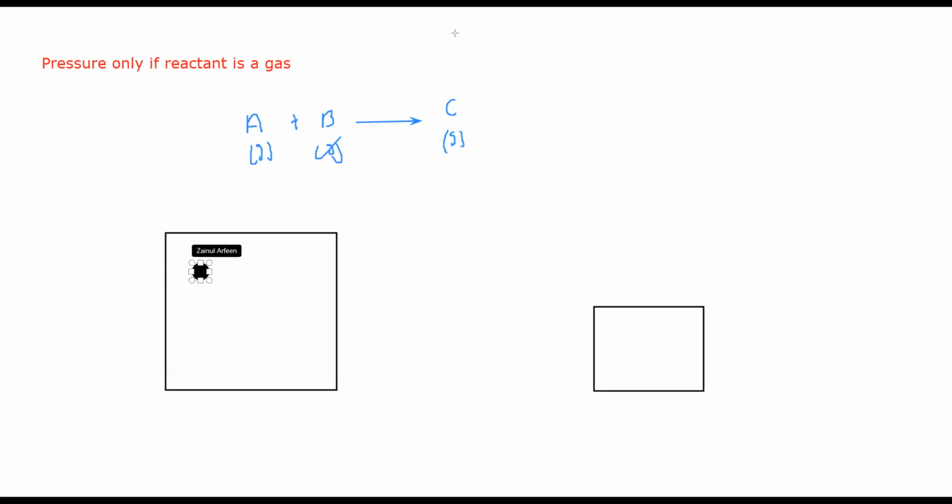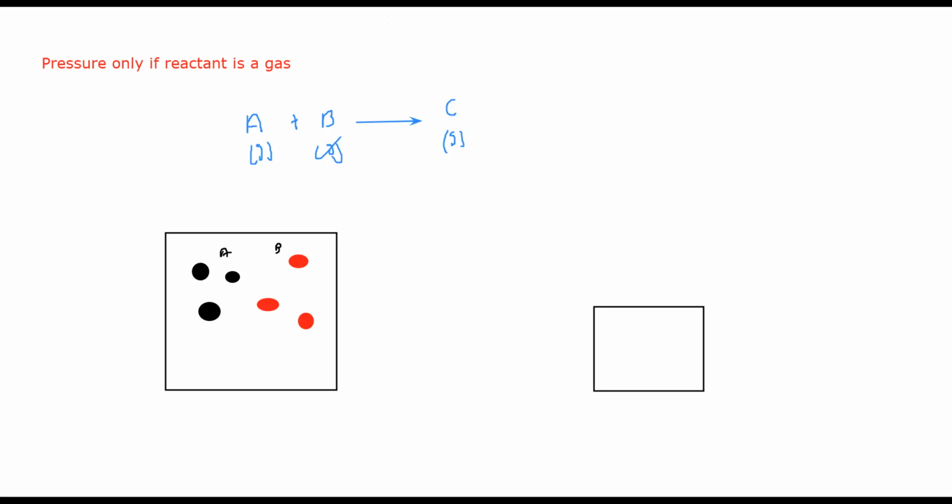This black shade is representing A and the red shade is representing B. So A and B will collide with each other. Gases, the particles are moving randomly and they collide with each other.